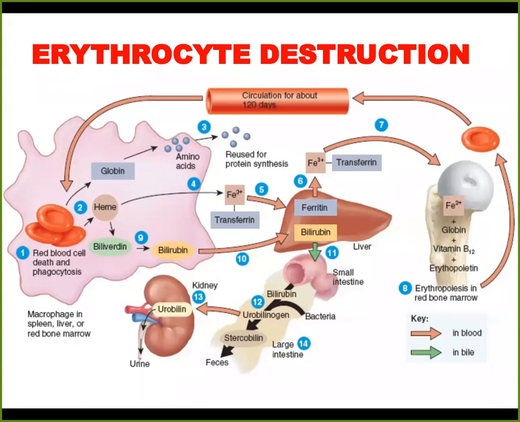But in some cases, due to inflammations, autoimmune disorders, oncological diseases, and some toxins, we may get increased destruction of red blood cells, and this process becomes faster, not after 3 months but earlier, and a larger amount of red blood cells is destroyed.